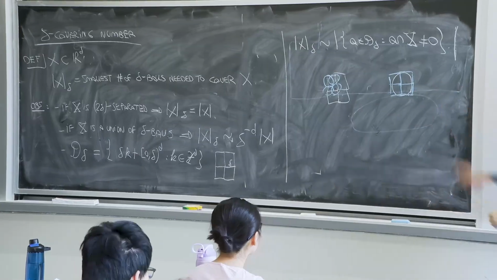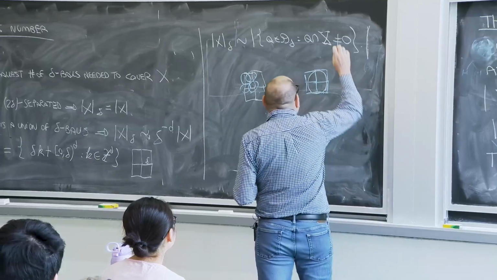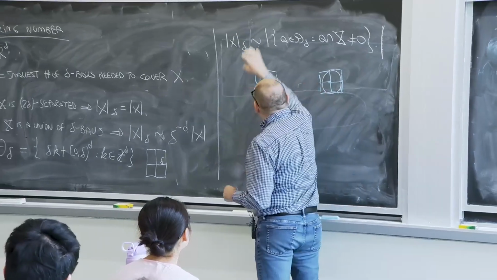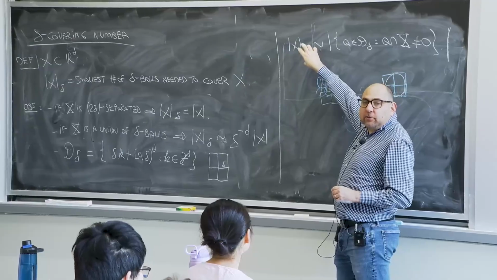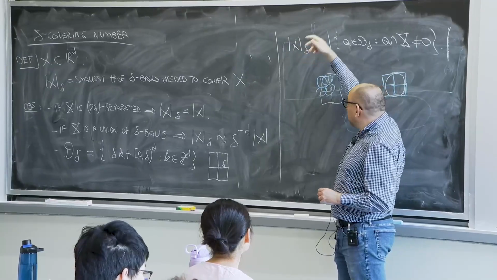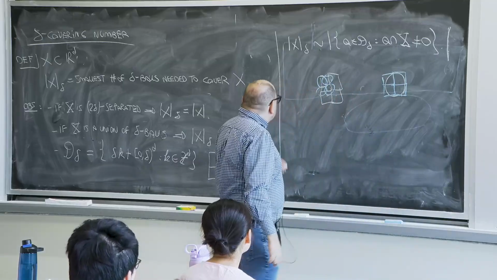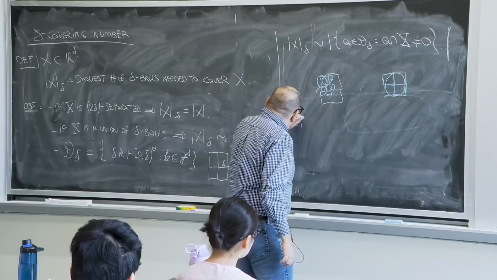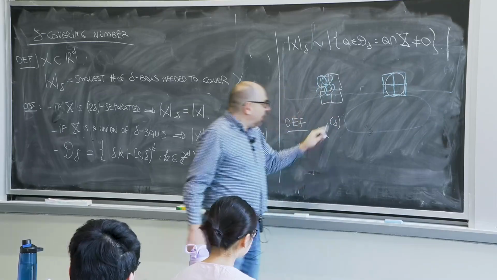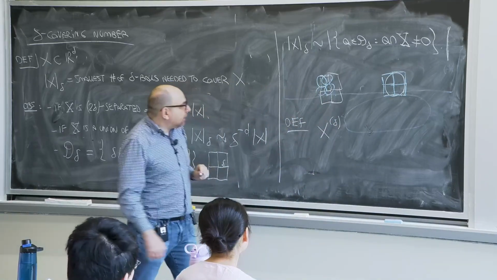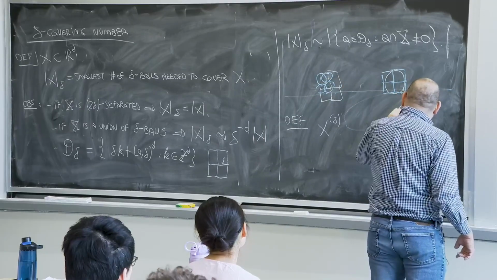So that's the proof by picture. OK, and one nice consequence of this is that this allows us to snap any set to a grid. And then this allows us to apply Euclidean integer results, discrete results. So let's define. So x superscript bracket delta is the set that is obtained by snapping points to the grid.